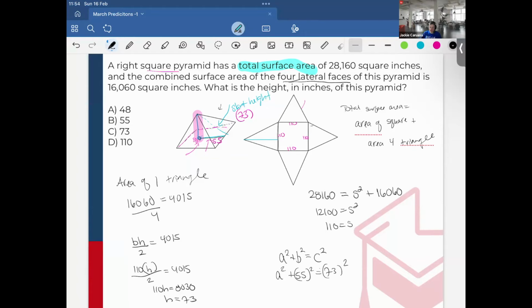So a squared plus 3,025 is equal to 73 times 73. 5,329 minus 3,025 is 2,304. And then the final step, take the square root. Oh my goodness, it's 48. And that is our answer.